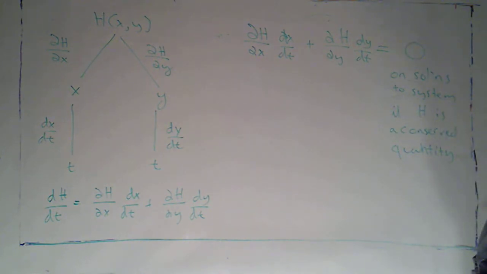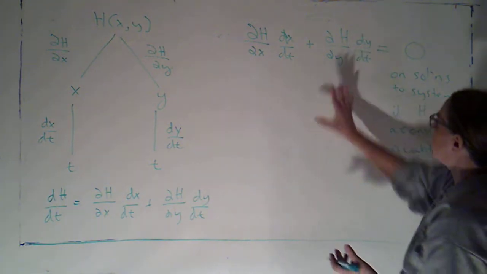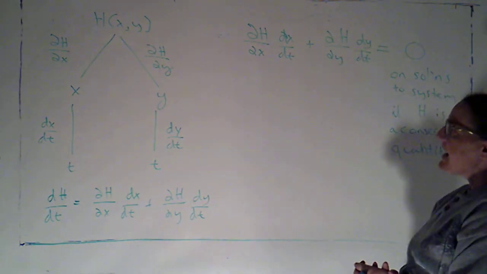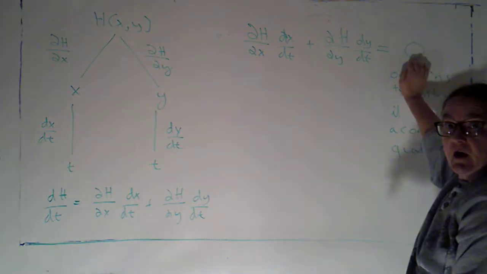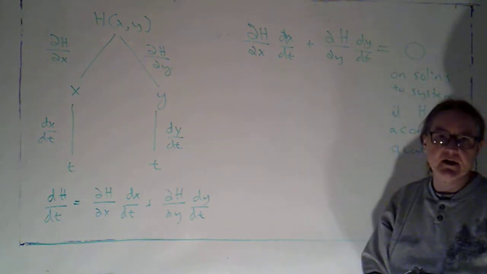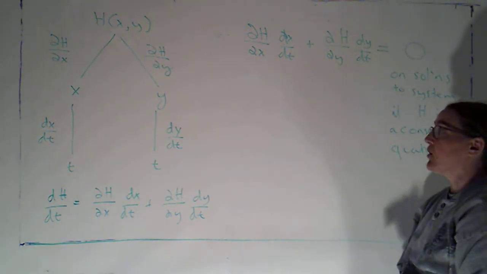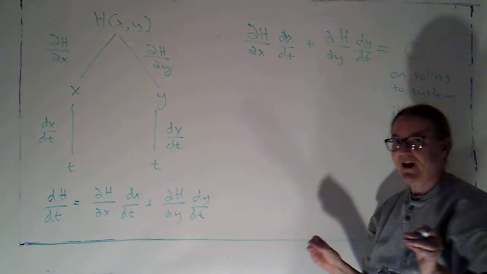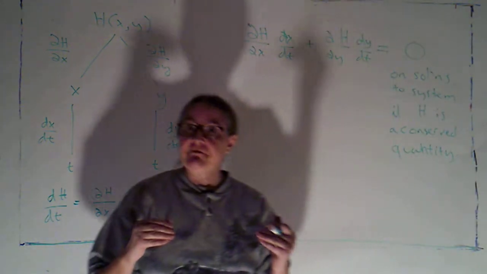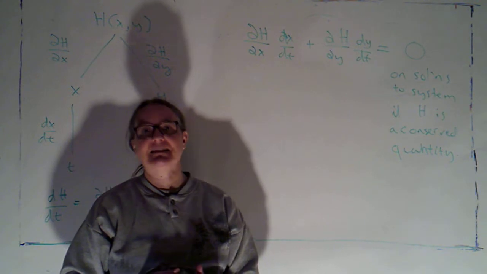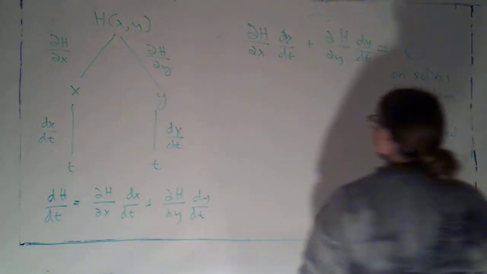Okay. So I want to think about what would need to be true to make this equal 0. Now there are lots of ways that one could make this thing equal to 0, but there's one specific way that is the definition of a Hamiltonian system. That's this.